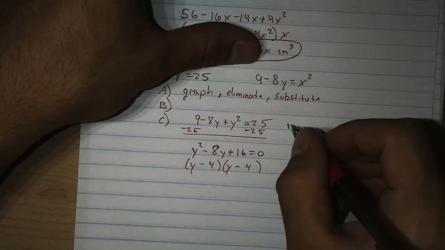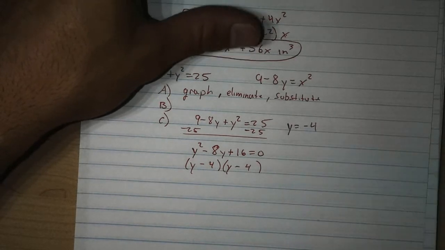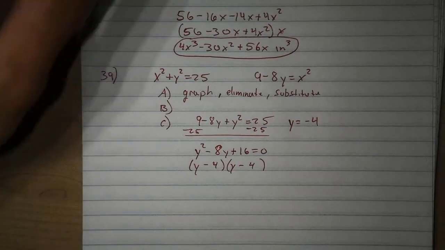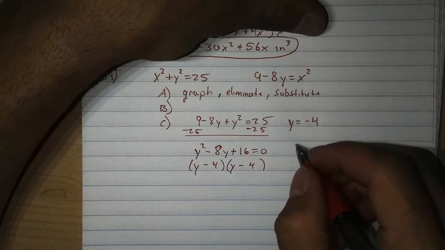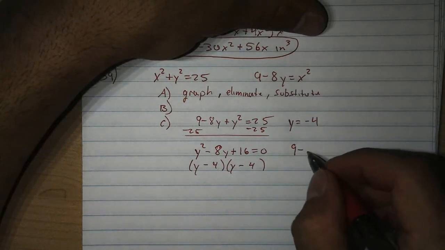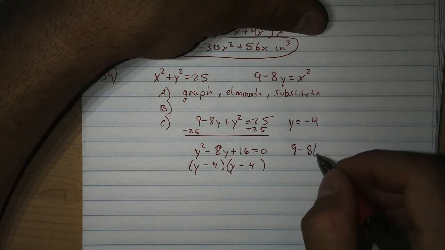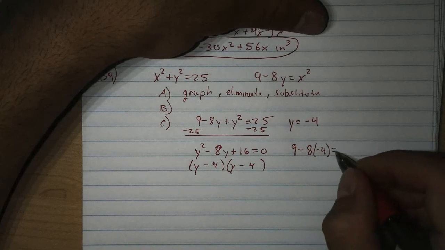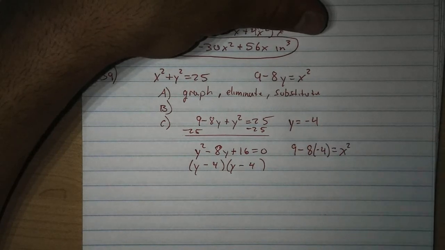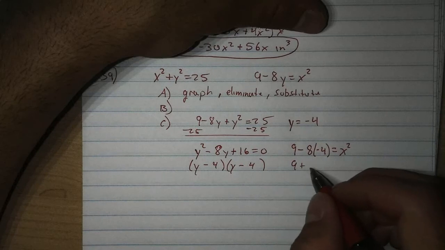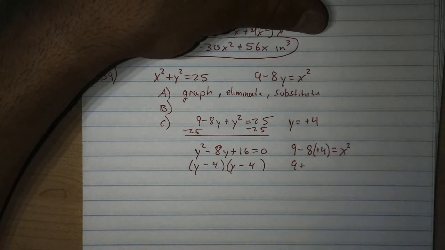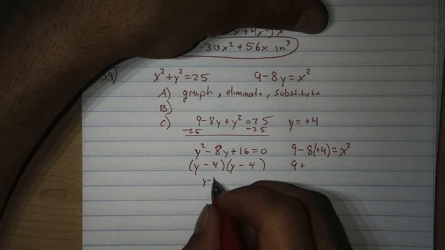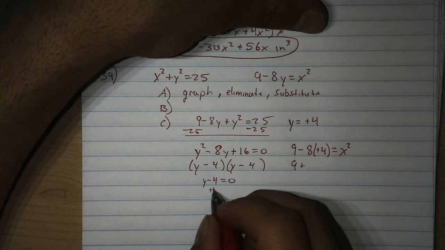So what happens is y equals negative 4. Go back to either equation, plug it in. So we use this first one and get the answer for x. This will give us our coordinate. Right, so we get 9 plus 32. Ooh, this is a positive 4, positive 4. Alright, we solve down here.